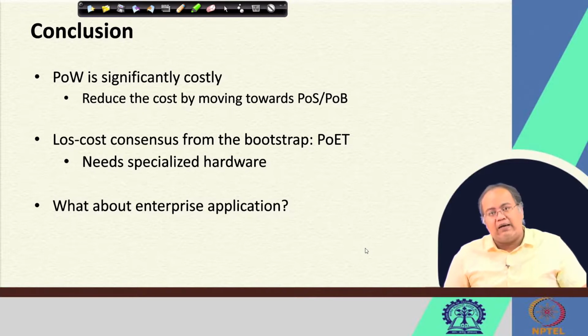You can reduce that cost by moving towards proof of stake or proof of burn, but proof of stake or proof of burn cannot be used for bootstrapping. So, we can have a low cost consensus mechanism that can be used from the bootstrap, that is the proof of elapsed time, but proof of elapsed time also has the limitation that it needs specialized hardware.